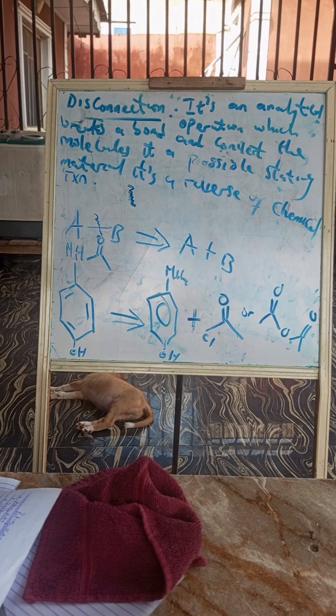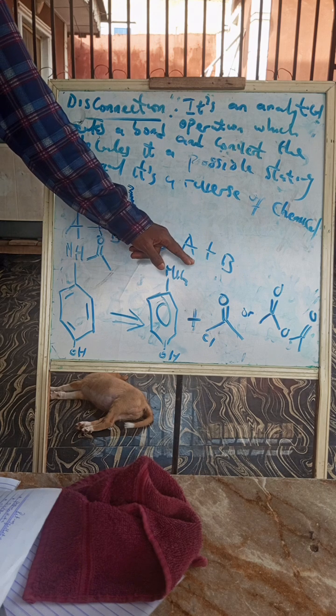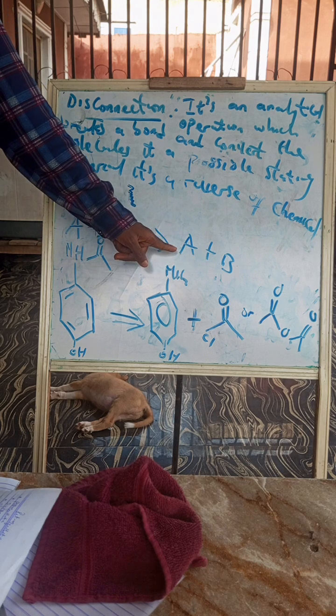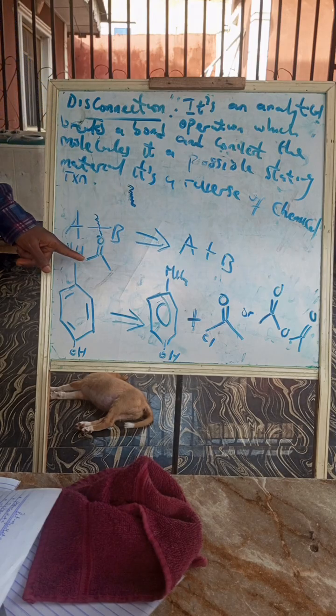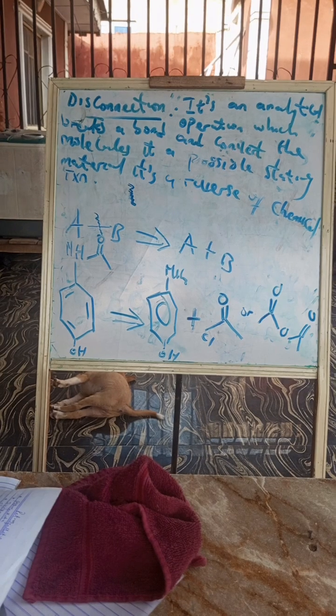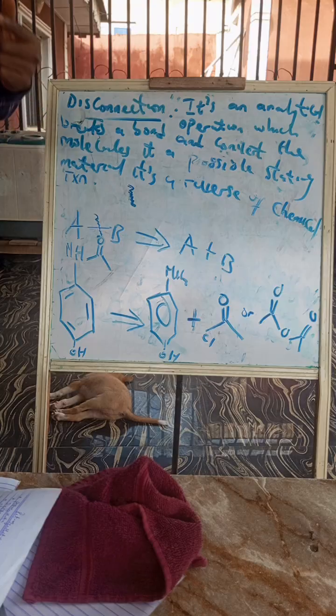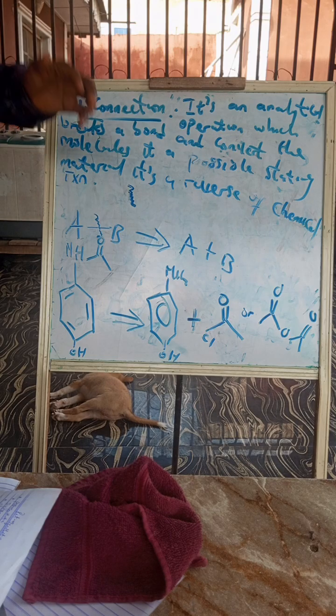This is a retrosynthetic reaction: AB, the target molecule, is turned into two distinct elements, its precursors. For every retrosynthesis reaction, we disconnect complex molecules, and we don't just break them.